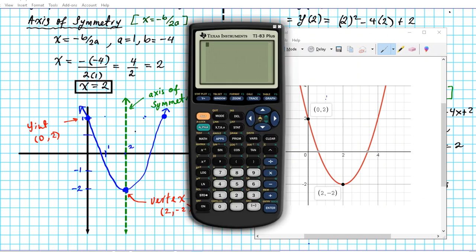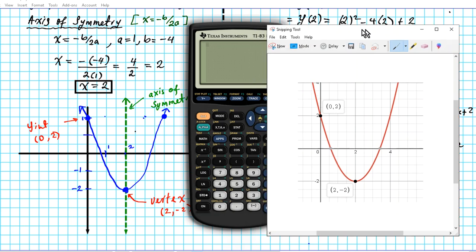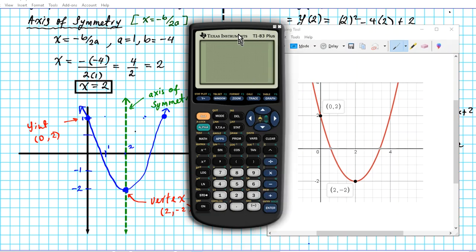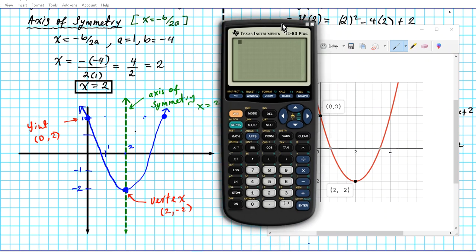How about if you do not have access to a computer, but you just have a graphing calculator, let's say the TI-83, for example, and you want to graph your parabola just to check your work. Okay, so all you do is you click on the y button right here, y equals, and then you just enter the quadratic function that you're trying to graph. Let me clear out what I have here.